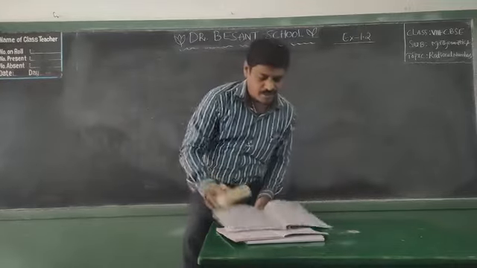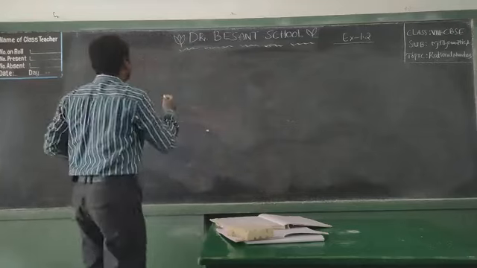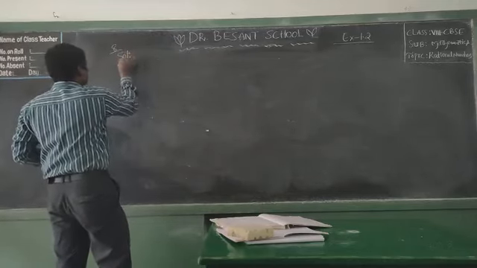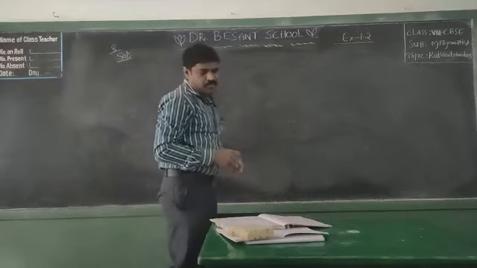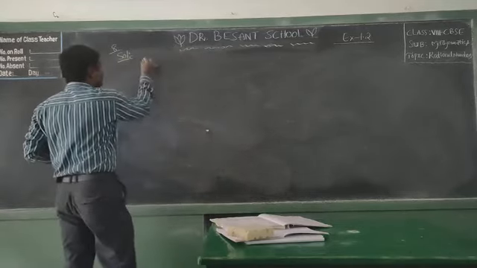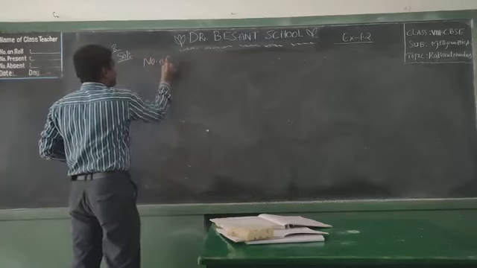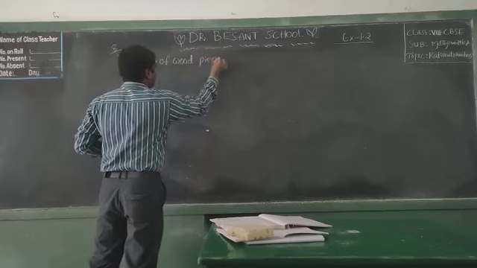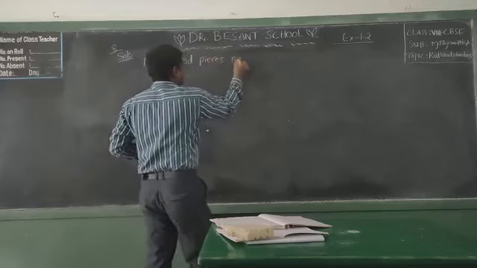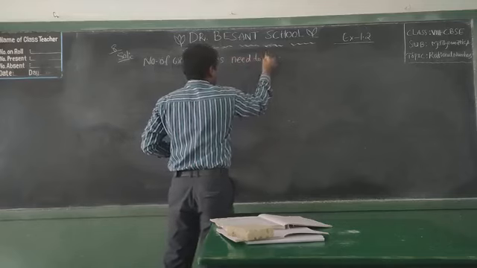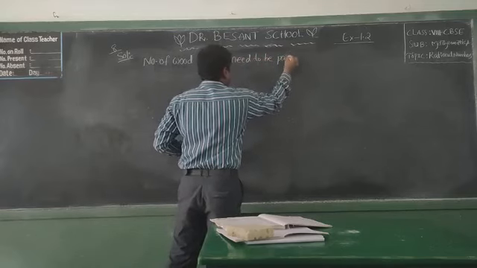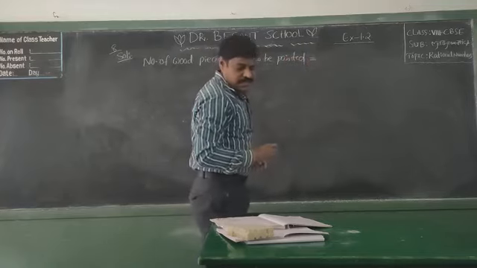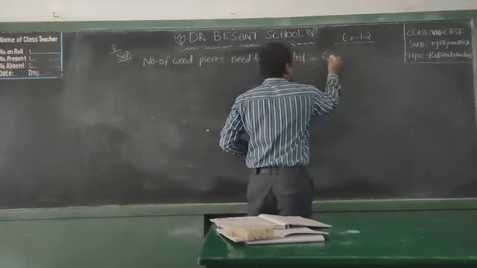So the number of wood pieces that need to be painted is equal to 65 and 1/2 pieces.